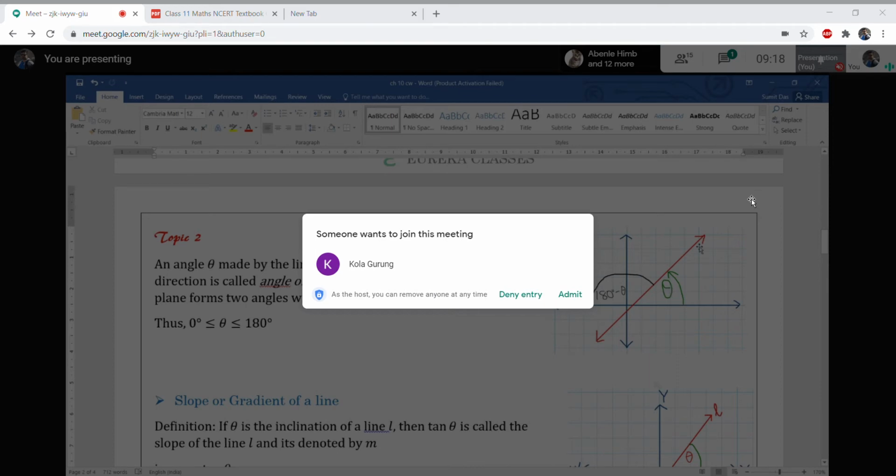So I was saying this red color line, you can see the red color line making theta angle with the x-axis, right? I'm not mentioning the axis here.